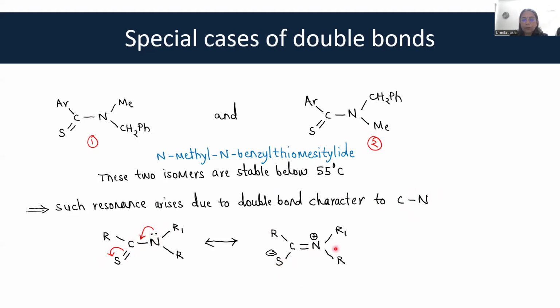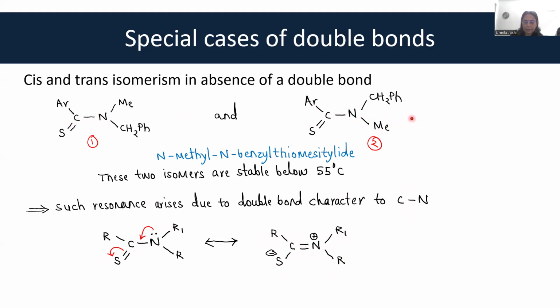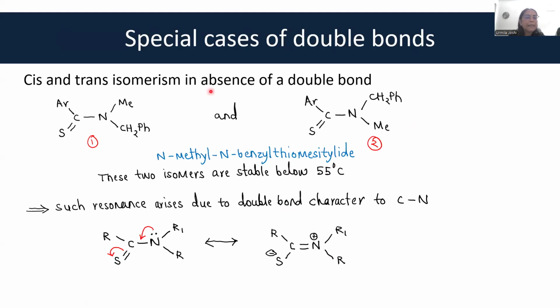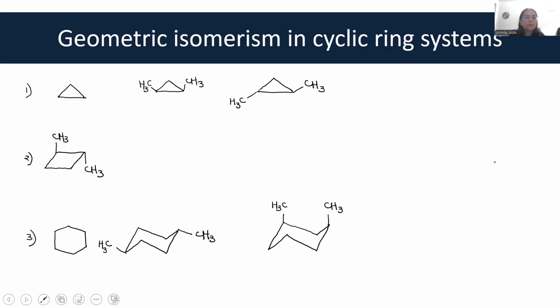When it enters into resonance, the structure formed is this, where the carbon nitrogen share a double bond. And because the carbon and nitrogen have partial double bond character, this cannot rotate very easily, and these two are two different geometric isomers. Right? Now remember, these are called cis-trans isomers.